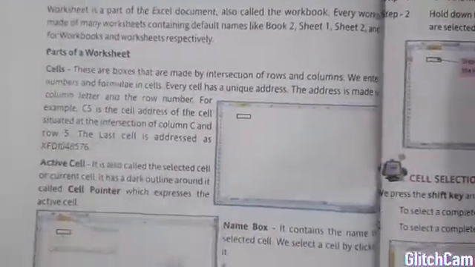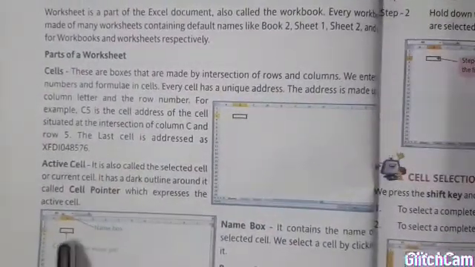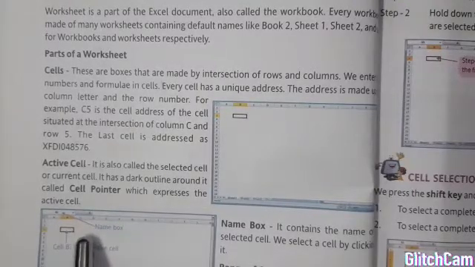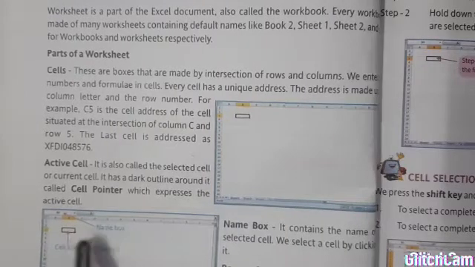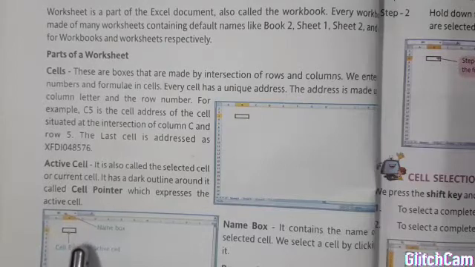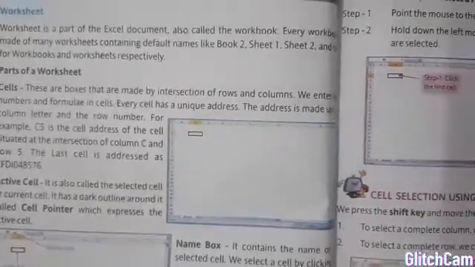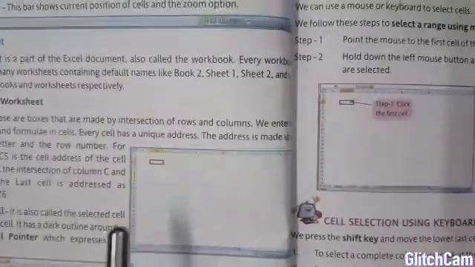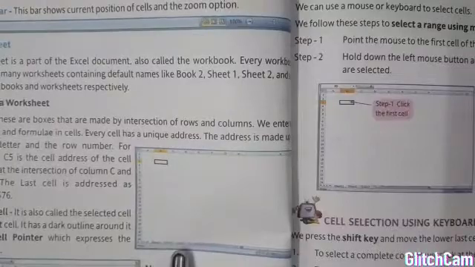When we click and select so many cells together, say 4 cells or 5 cells in a rectangular or square box, those cells are known as a range. So there are 3 worksheets. Every time if you want to work in a new worksheet, we can click on it and the new worksheet will appear here.